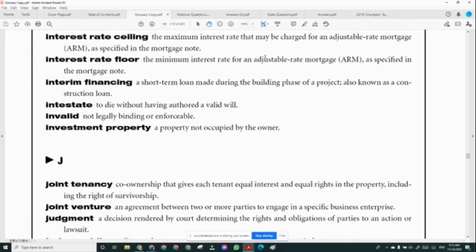So when a person ends up purchasing a property with an adjustable rate mortgage, okay, those are typically interest-only loans. And at the end of the term, and they're usually an odd number, 1, 3, 5, 7, and then 9 or 10. Okay, that's the typical.